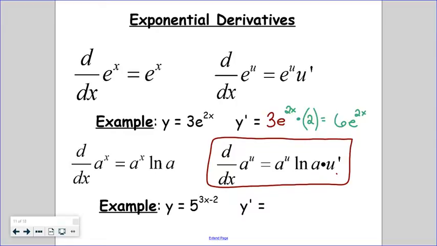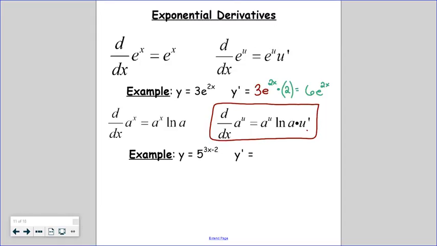y equals 5 to the 3x minus 2. Exponential problem. Our exponent is a function more than just the letter x, so I know I'm going to be doing chain rule.